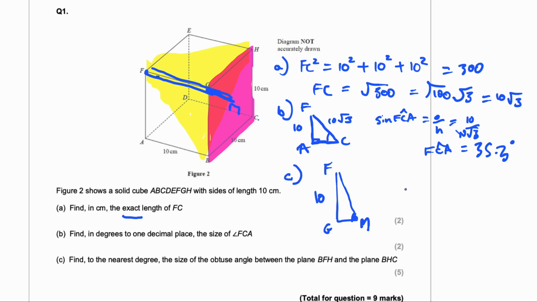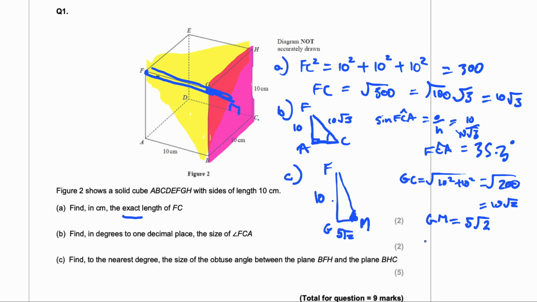So GC will be the square root of 10 squared plus 10 squared, so square root of 200. And that will be 10 root 2, and therefore GM is half of that, so it's going to be 5 root 2. And the angle between them we're trying to find is here, so that's opposite and adjacent.